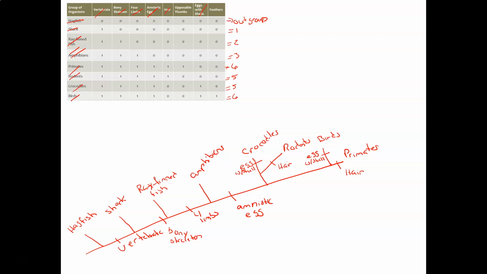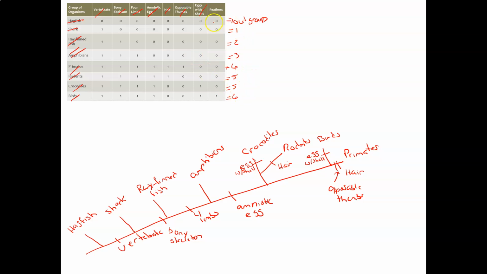Okay, now I've got opposable thumbs, which is unique only to those primates. If I look at who's left, that's something that's unique to them. So that's also going to go on their line and nobody else's. I'm just going to give myself an arrow here to give me some space. Okay, so that takes care of that.